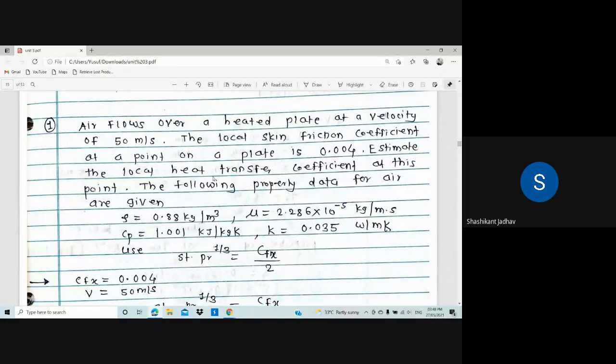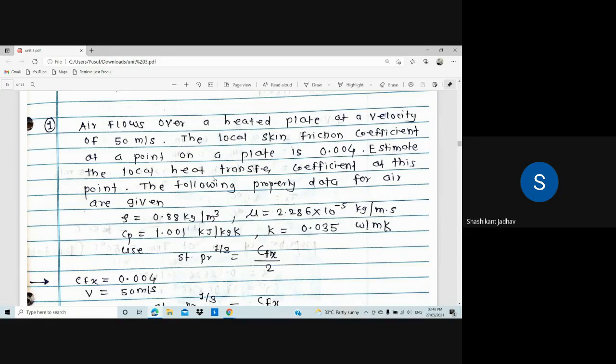Then mu is equal to 2.286 into 10 raised to minus 5 kg per meter into second. Cp is equal to 1.001 kilojoule per kg Kelvin.